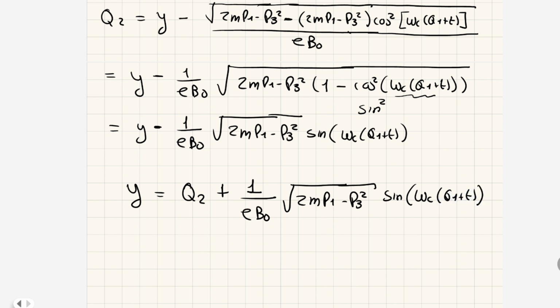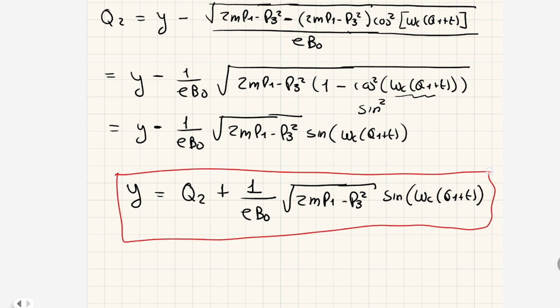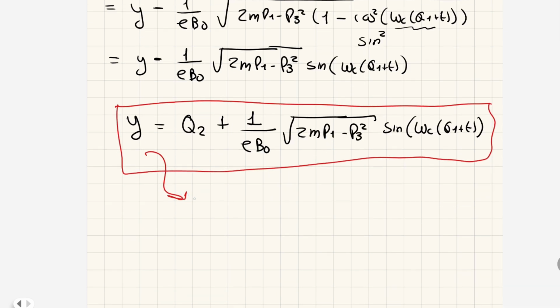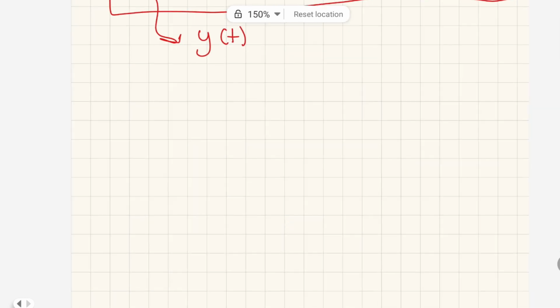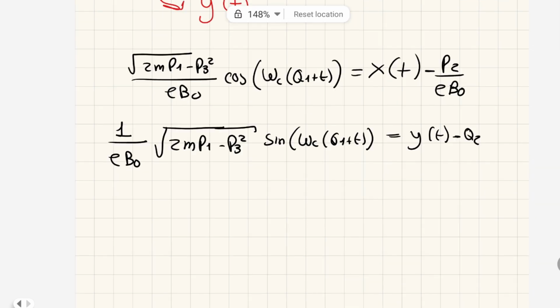Perfect. So with this we already have a function y of t that is telling us the motion of the particle in the y direction, of course. So I'm going to rewrite the expression for x and for y in this position now. Okay, perfect. So these are the two expressions that we found for x and y.